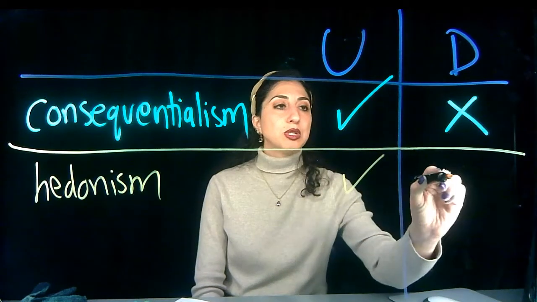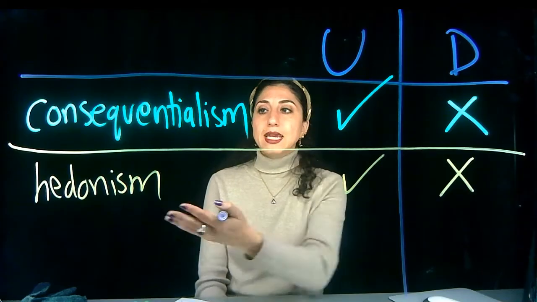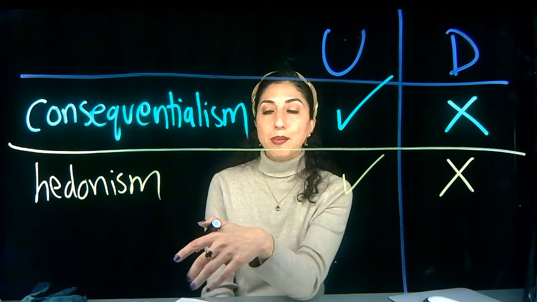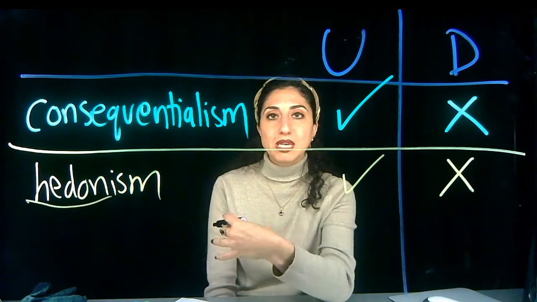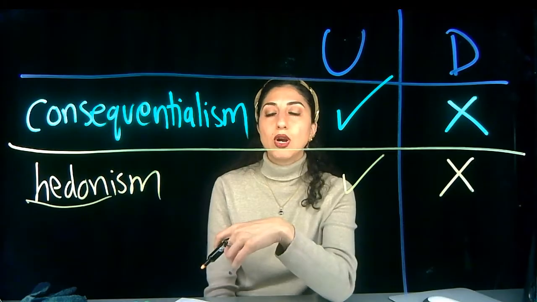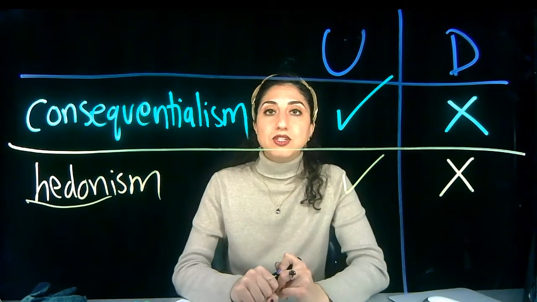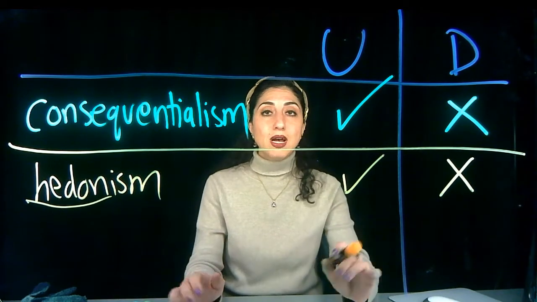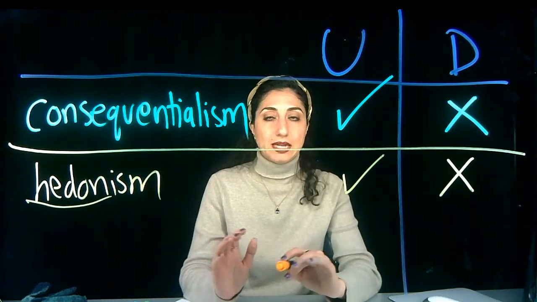Utilitarianism is, but deontology is not, a hedonistic theory. Hedonism is this underlying value theory about hedon, which means something like well-being or pleasure or happiness. In hedonism, your goal in life is to seek out as much simple pleasure as possible and to minimize as much pain or suffering as possible.